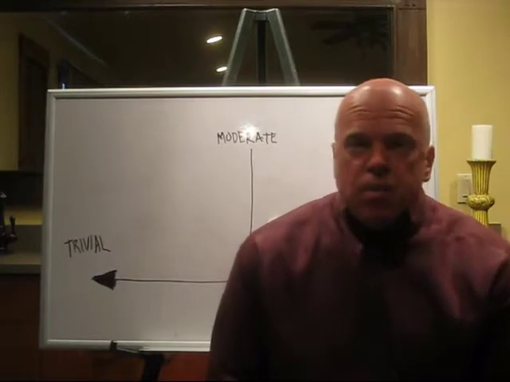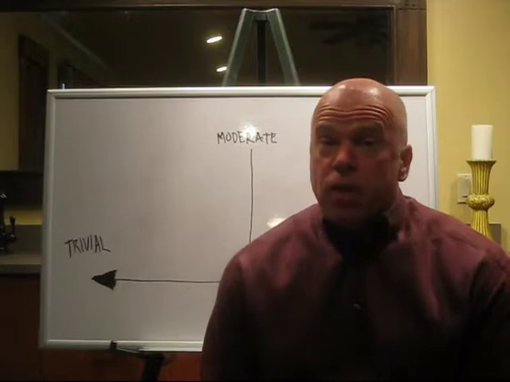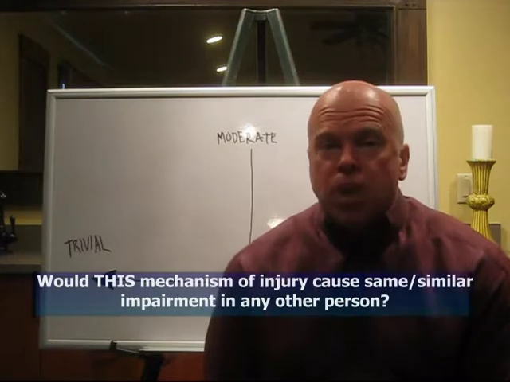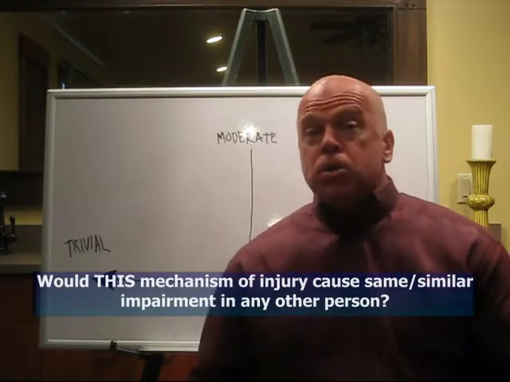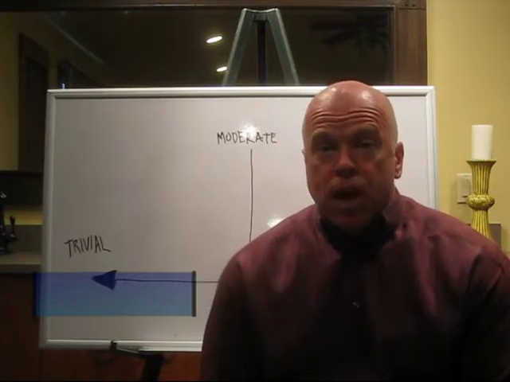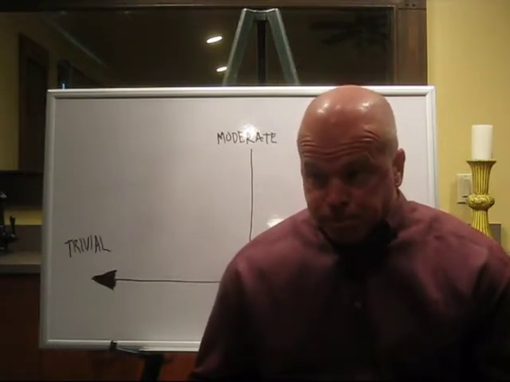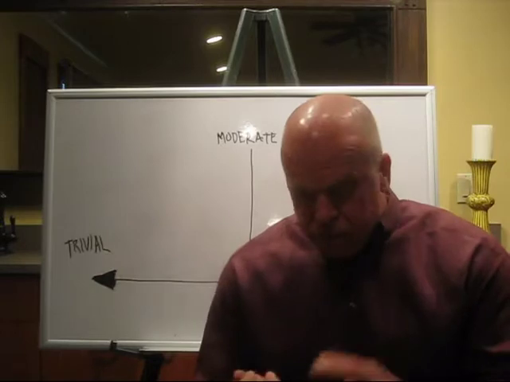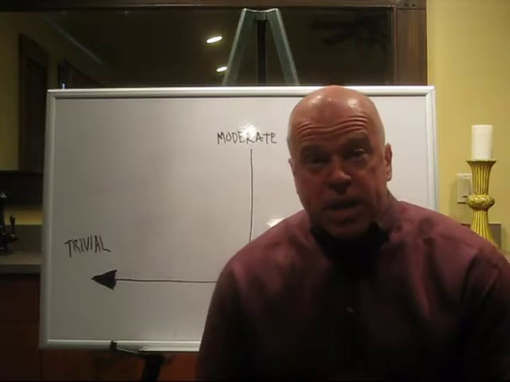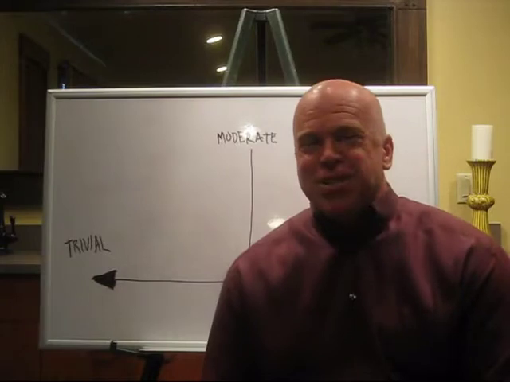Now the question becomes, would this mechanism of injury that the rodeo bull rider suffered cause a same or similar permanent impairment in any other person? In any other person. Now, rodeo bull riders are generally younger people, 20 or 30 years old, so they don't have a lot of degenerative change. They don't have a lot of pre-existing conditions, although I guess they could. They don't have retroactive prophylactic work restrictions as a bull rider.